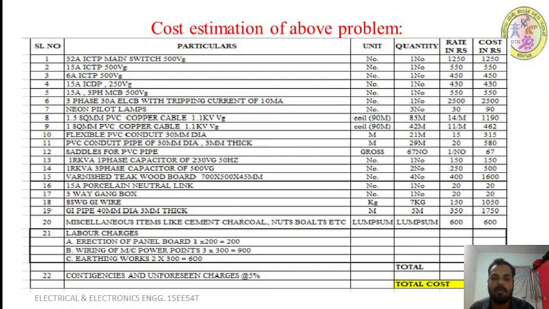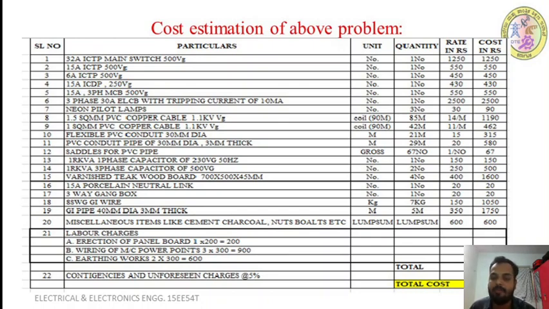Next 3 phase 1 kVAr capacitor, we have taken 250 rupees for one number, so 2 into 250 is 500 rupees. Next varnished teak wood board, 400 rupees per board, we require 4 numbers, so 4 into 400 is 1600 rupees.